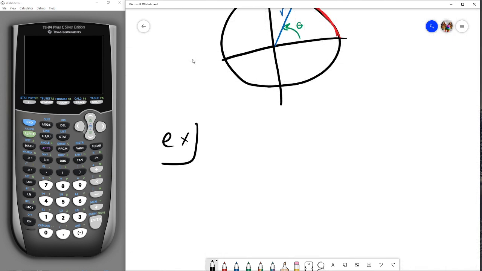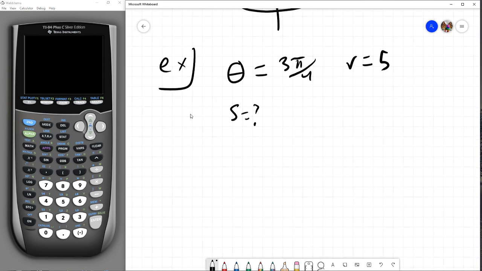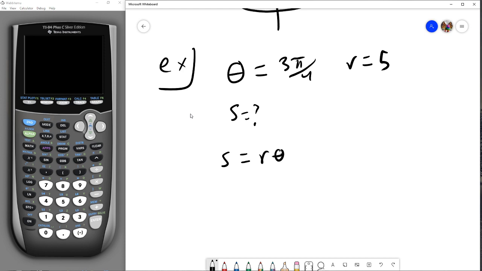So let's go ahead and work through an example. If we are told that the angle is equal to, how about something like 3 pi over 4, and the radius is 5, and we want to find what the arc length is, then all we have to do is say s is equal to r theta, so s will equal 5 times 3 pi over 4, which is just 15 pi over 4.